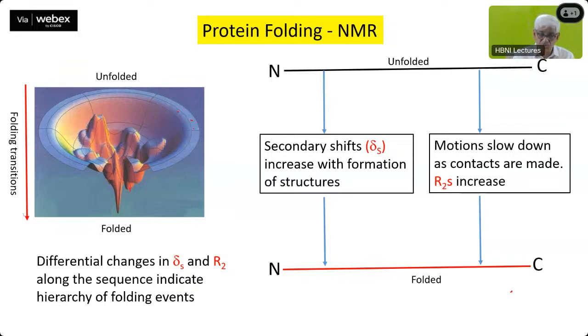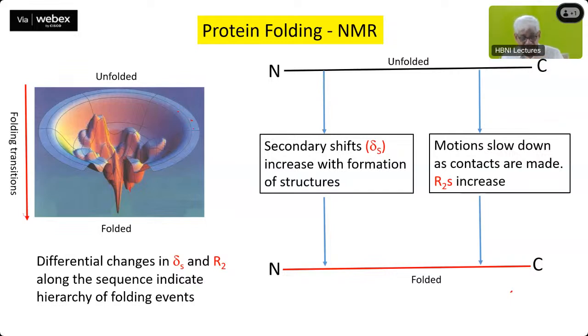Then when the chemical shifts change, you can calculate the so-called secondary shifts. The secondary shifts are the difference between the observed state and the completely random coil state. If the chain residue were in the completely random coil state, what would be its chemical shift? And what you measure is the observed shift.